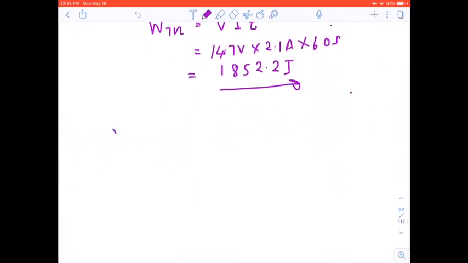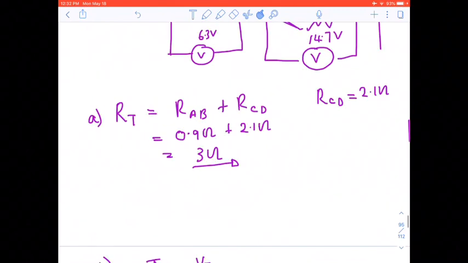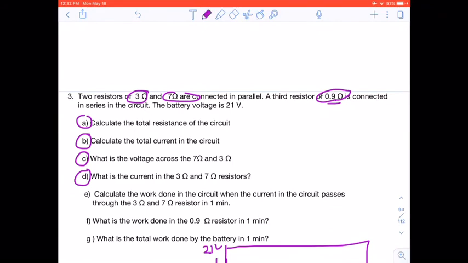Okay, so now let's look at F. So we did that, we got this here. So what is the work done in the 0.9 ohm resistor? Okay, this one here.